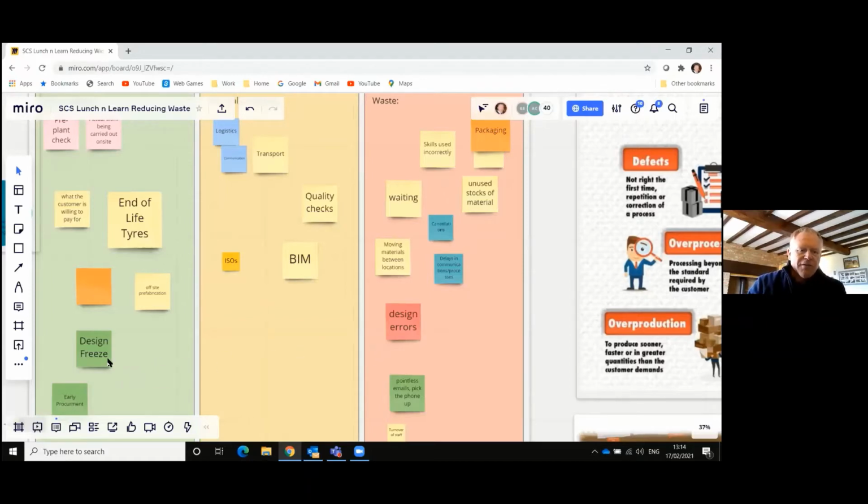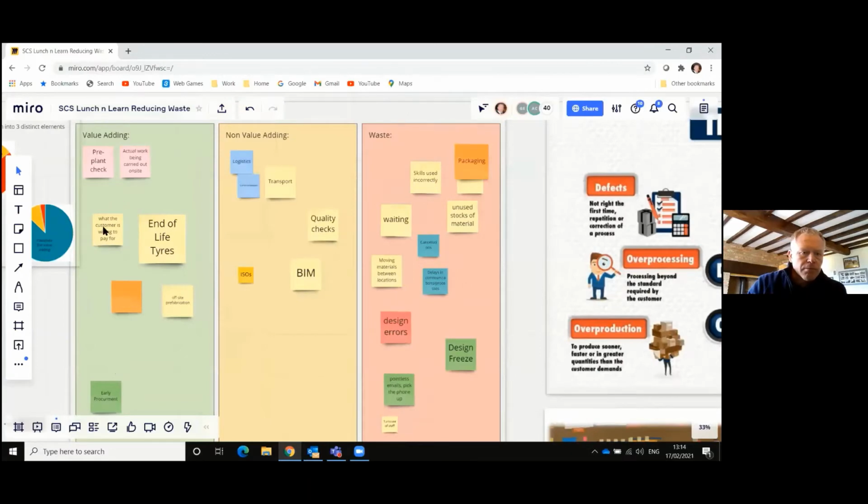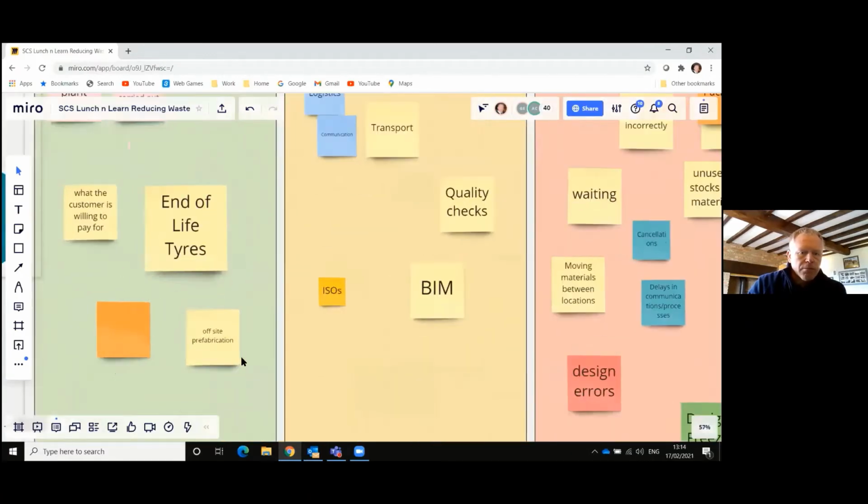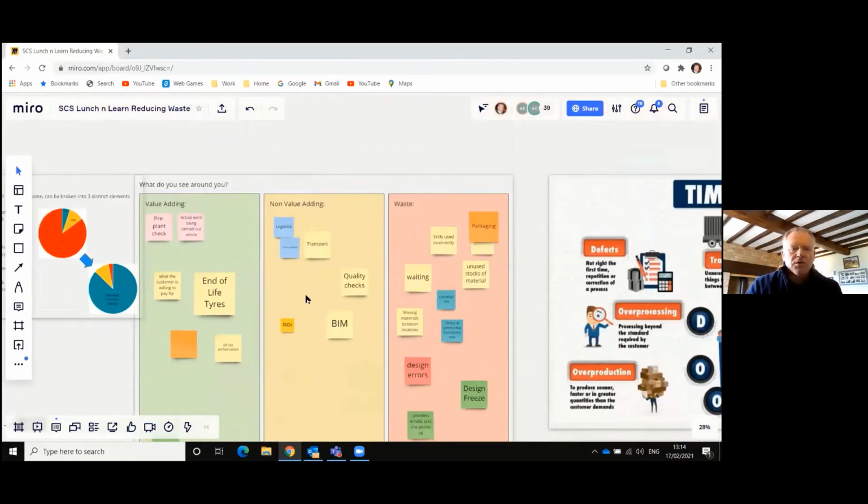Is that really a value add, or should that be put into the waste because it's seen as a potential waste of waiting? Off-site prefabrication. Absolutely. We're looking there at what can be done on site and what can be done off site, which means the construction site is more effective and efficient.